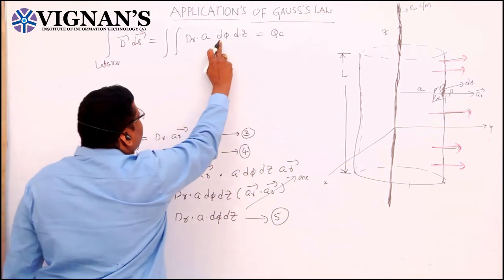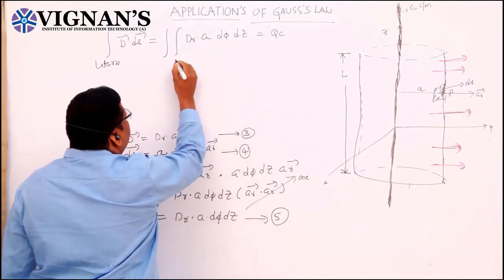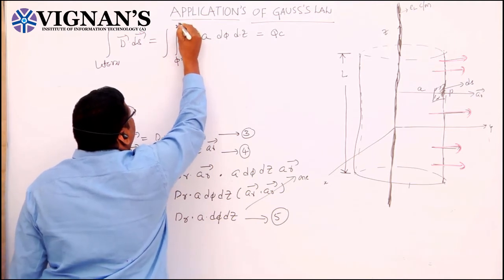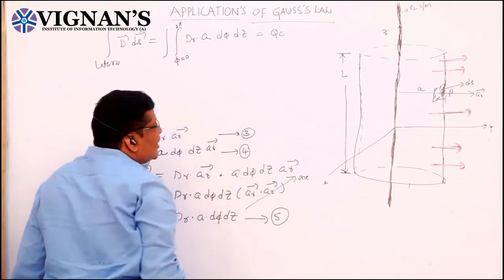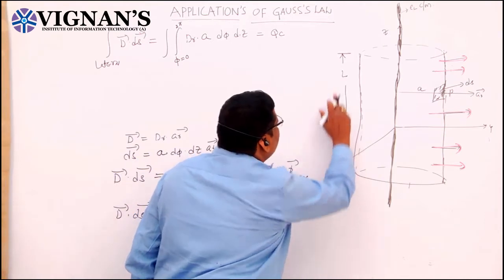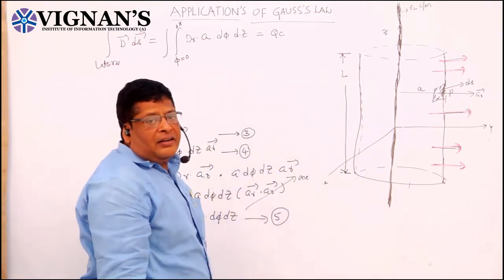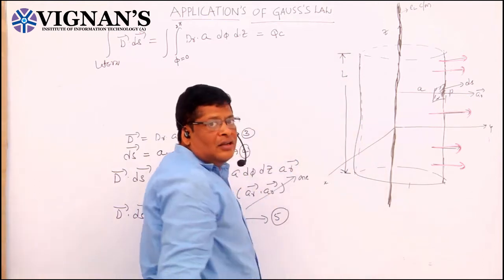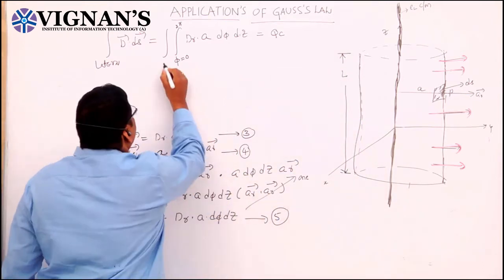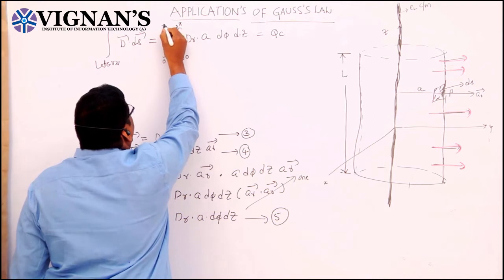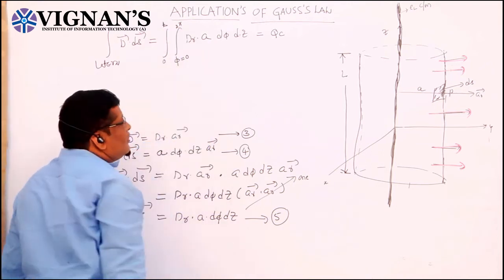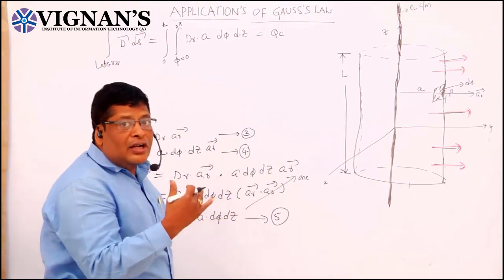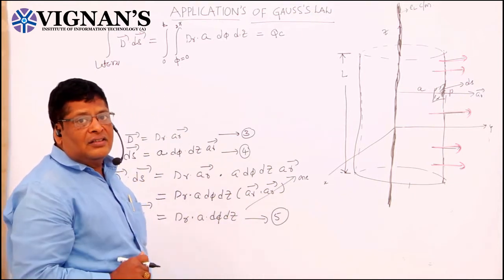Here the two variables are φ and z. φ will be changing from 0 to 2π, where z is changing from 0 to the length of the conductor, that we take as 0 to L. The z value, because we have taken the Gaussian surface also on the z axis.